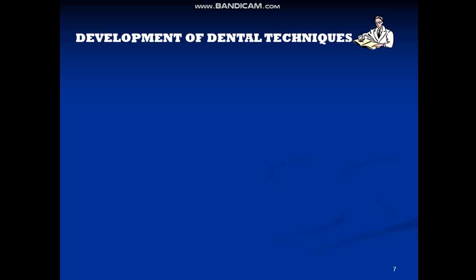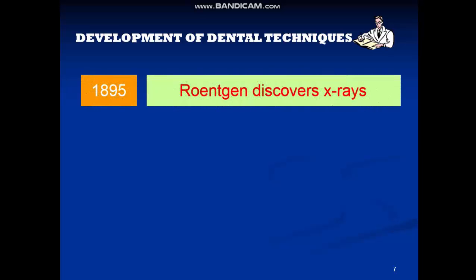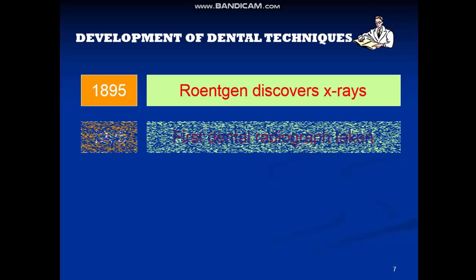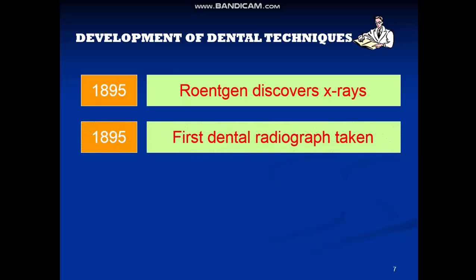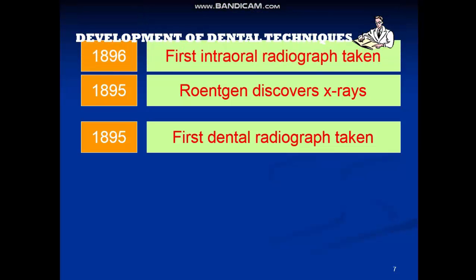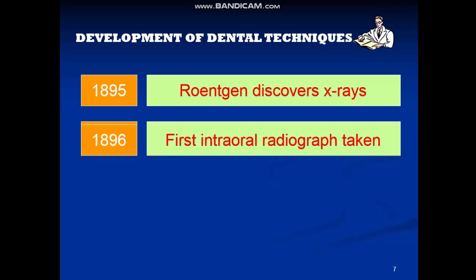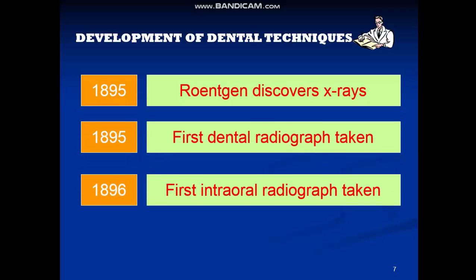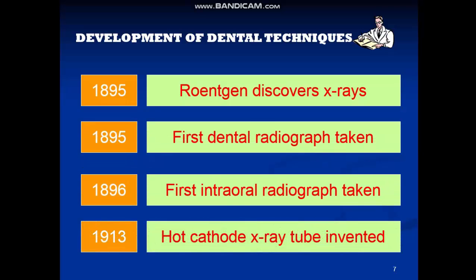Okay, first of all, I will tell you about the development of dental techniques. As you know, in 1895 Röntgen discovered X-rays, and in this year the first dental radiograph was taken. One year later, the first intraoral radiograph was taken.